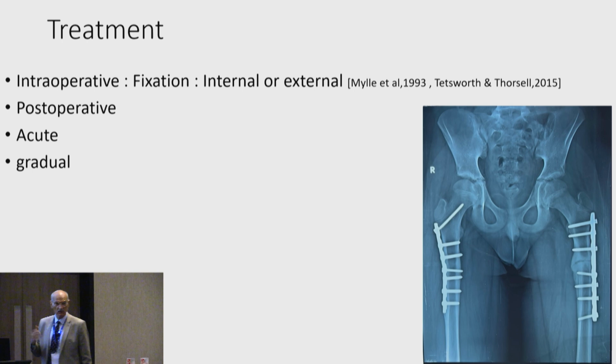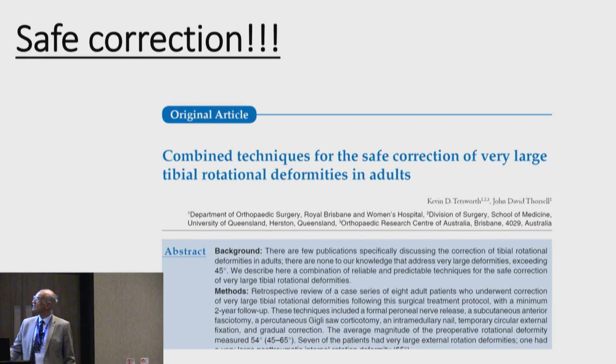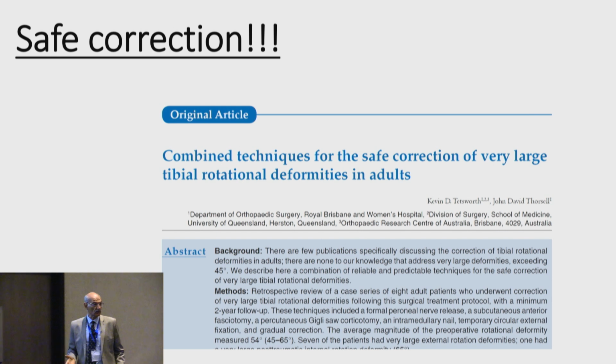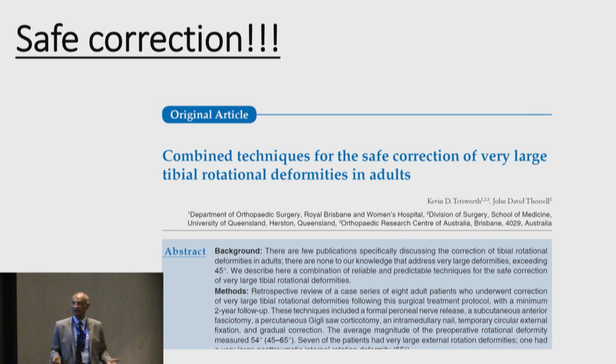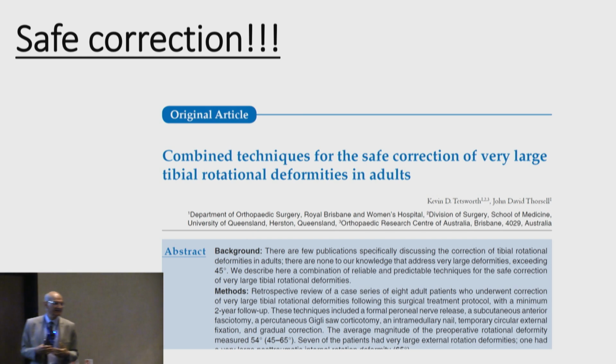The treatment, you know all the conventional treatment. You do an osteotomy and derotate and put a plate, a nail, or whatever, a submuscular plate. This is acute treatment. And people say this is a safe correction. You see this paper by my friend Kevin, and they did release of the common peroneal nerve, and there is nothing called a safe operation.